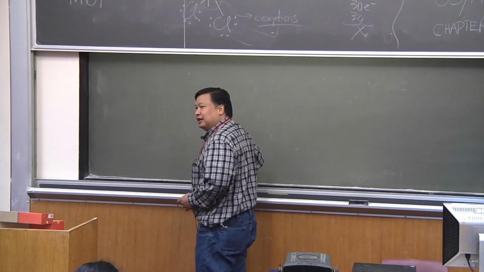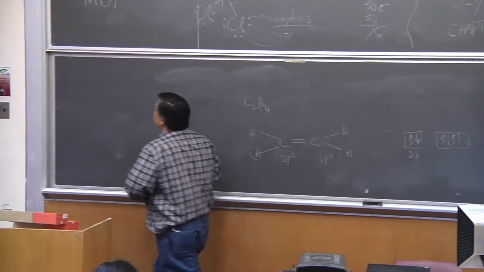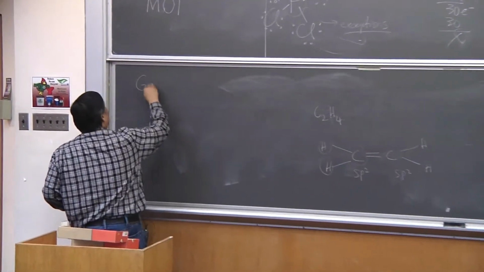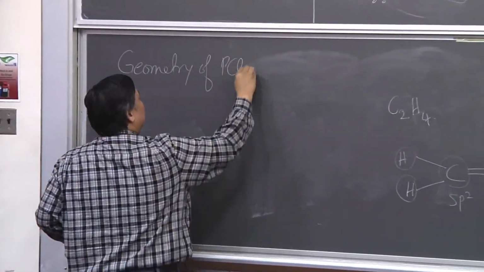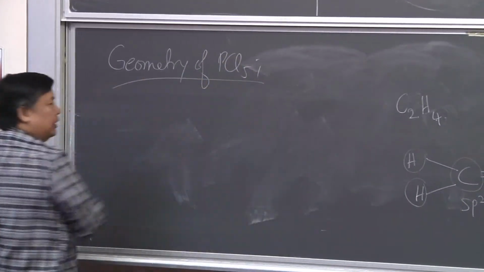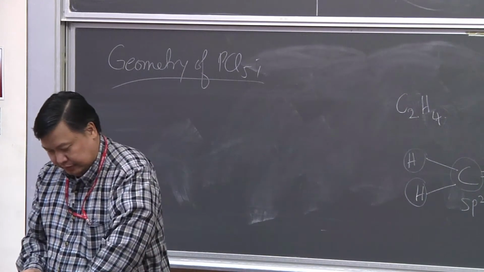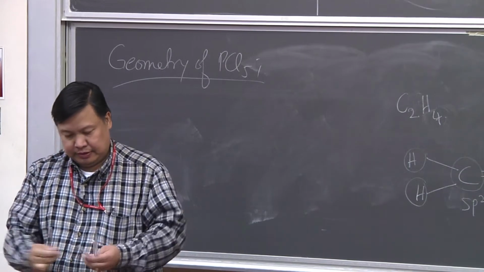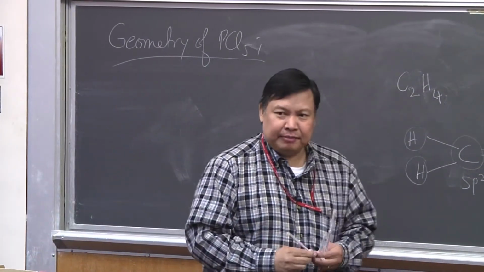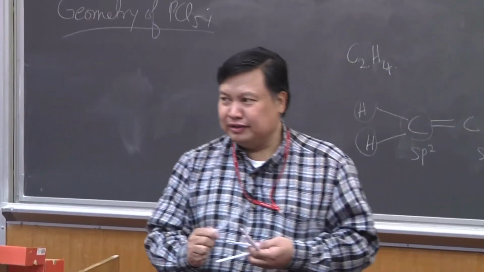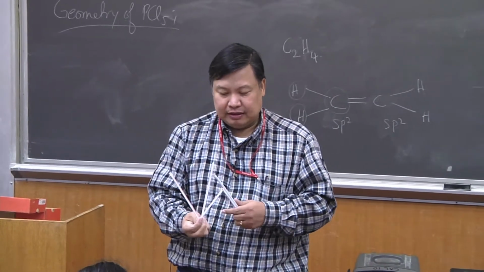Now let's draw the geometry for that molecule. If I imagine 5 bonding pairs, 1, 2, 3, 4, 5, what's the idea?